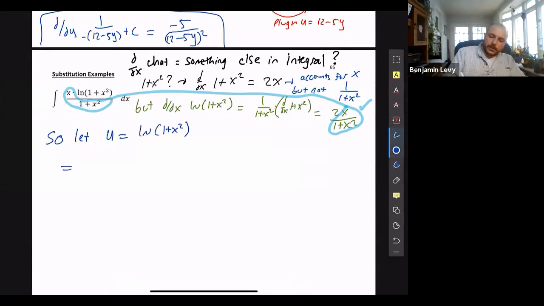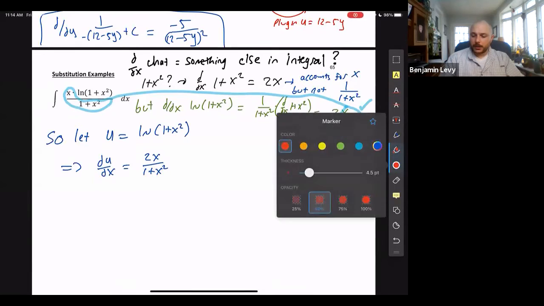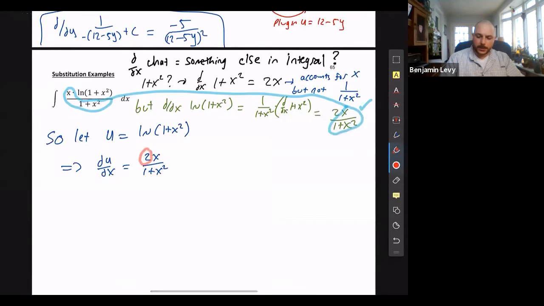And so we just figured out that when we differentiate it, we get this, right? And the 2 is not found up above. That's the kind of thing I'm trying to point out right here. What happens with this 2? Well, let's look at what we did previously with that kind of thing.